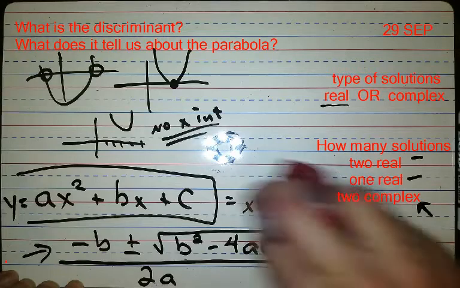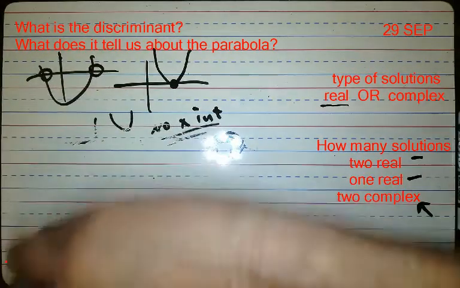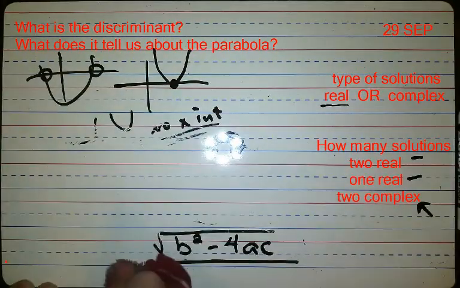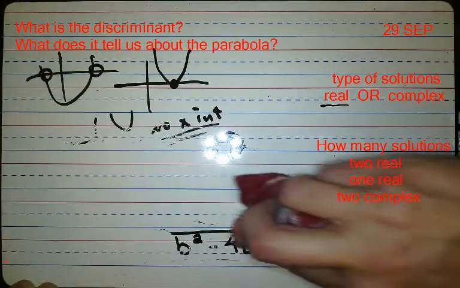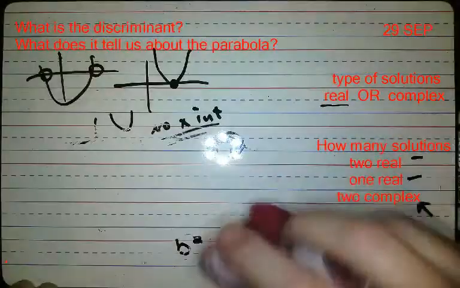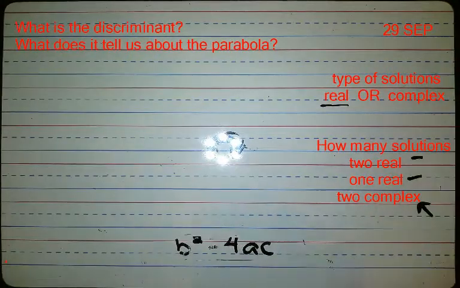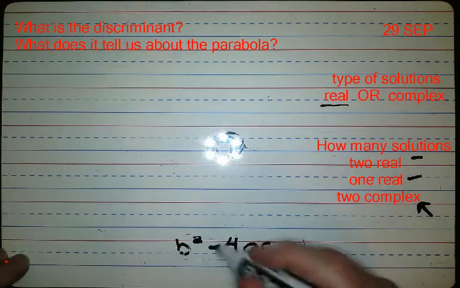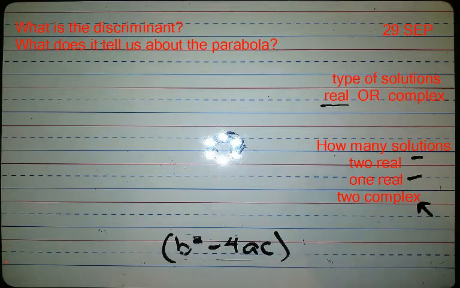So we're going to erase everything except the discriminant. That's the discriminant. Now then, today we're going to take our time and learn how to figure out what the discriminant is, and then what does it tell us?